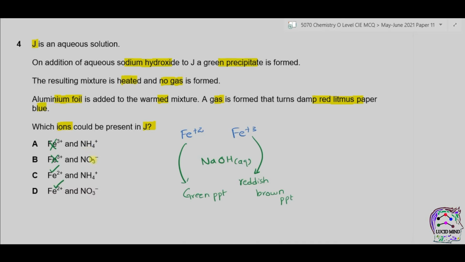Second part is we have ammonium ions and nitrate ions. When aqueous sodium hydroxide is added to ammonium ions, upon heating, they form ammonia gas.